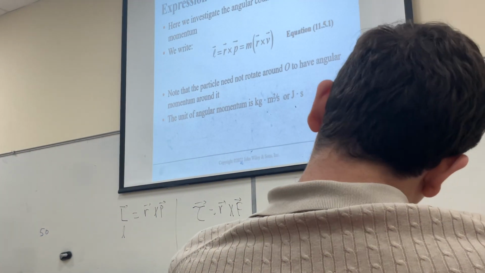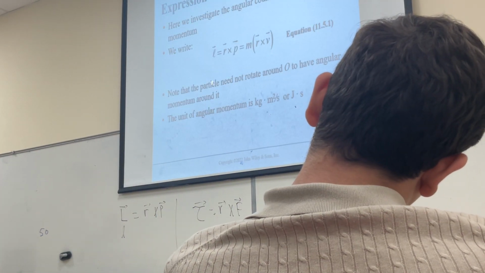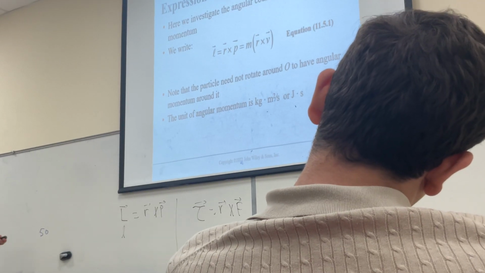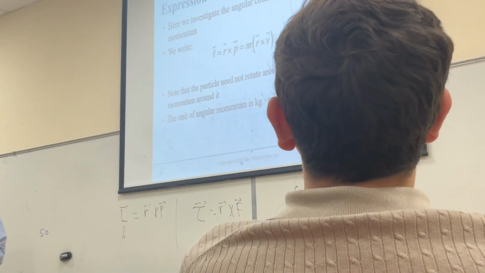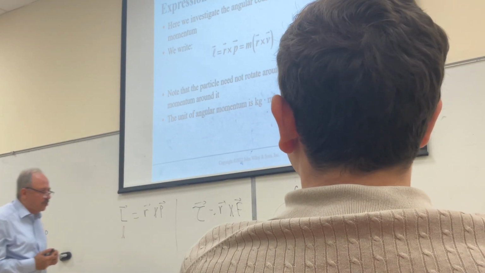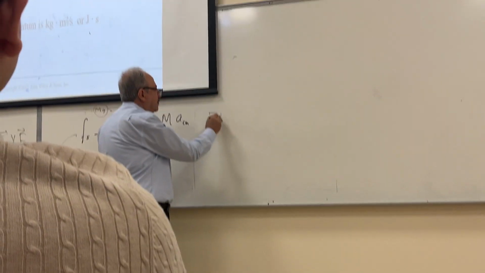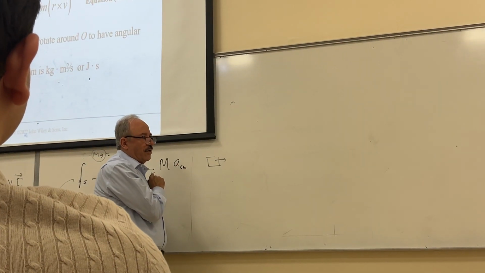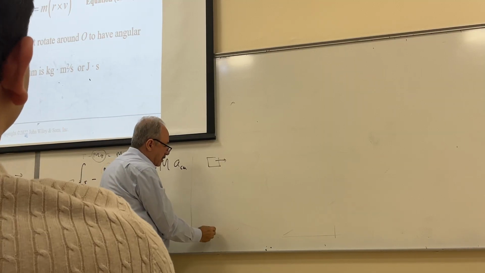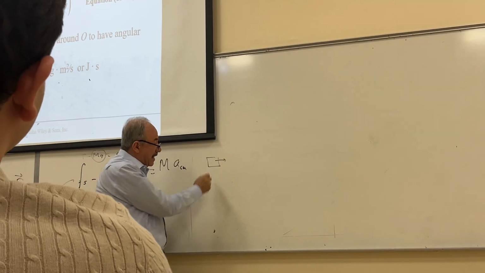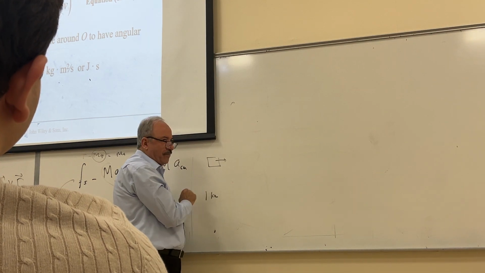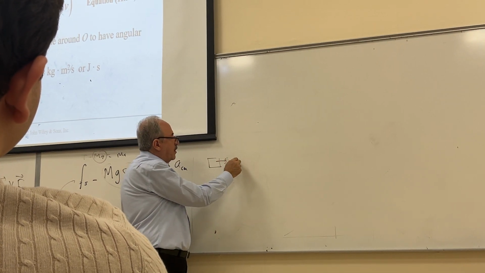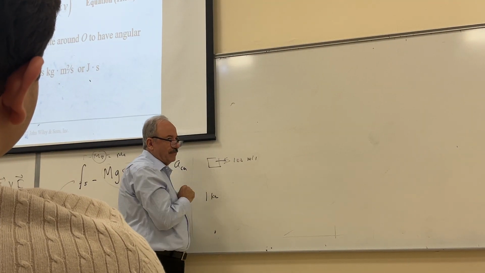It's very important to note that the object does not necessarily have to rotate about an axis through the origin to have angular momentum. It may not rotate at all and still have angular momentum. Let's take an example, which I mentioned in the morning. Let's say an aeroplane, let's say Air Arabia, because you're in Sharjah, is flying exactly above me at 1 kilometer high, at 100 meters per second.